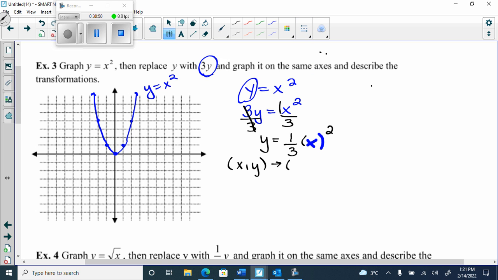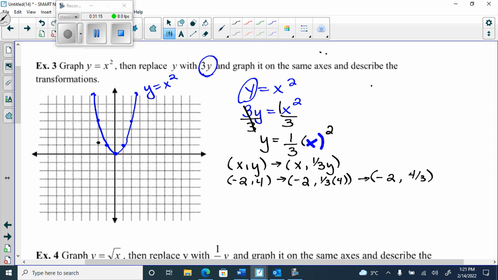So I'm going to plug in negative 2, 4. It's going to be negative 2 and 1/3 times 4, which is negative 2 and 4/3, which is 1.3333. So we're at negative 2 and 1.3333.